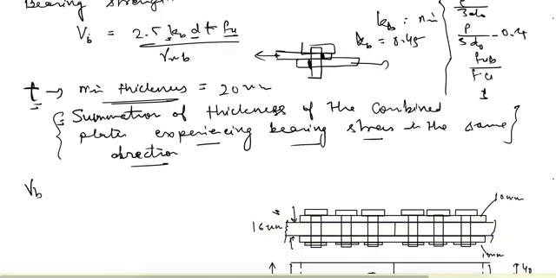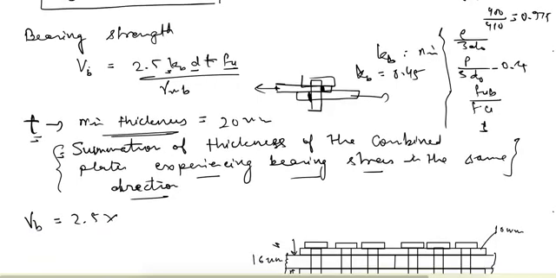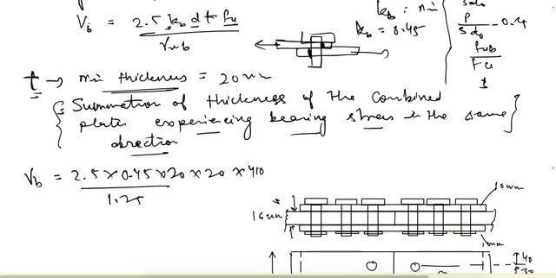So Vb is equal to 2.5, kb we obtained as 0.45, d is 20, t is 20, fu is 410 divided by 1.25. From here we obtain the bearing capacity of a single bolt, that is 147.6 kilonewton if we divide it by 1000 also.